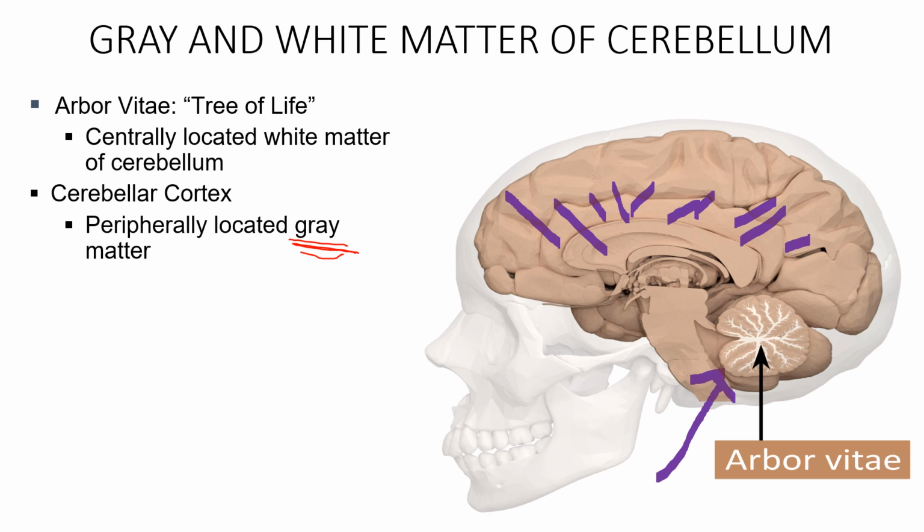What they call that is arbor vitae. And arbor vitae translates to tree of life. So it makes these real cool root branch extension looking structures. And that's the white matter of the cerebellum. So once again, these are the heavily myelinated axons. Arbor vitae is only found in the cerebellum. This is the only part of the central nervous system where you find this tree branching appearance.